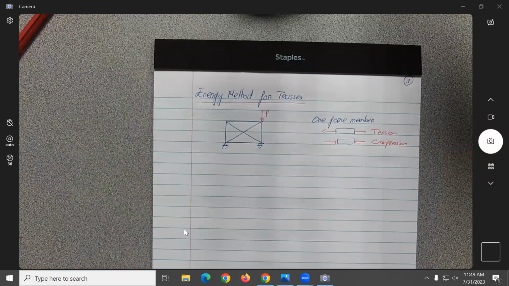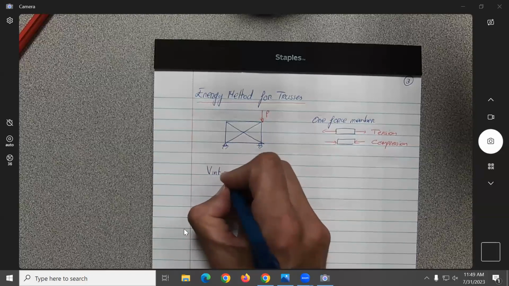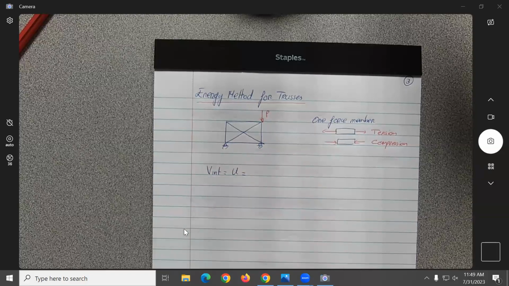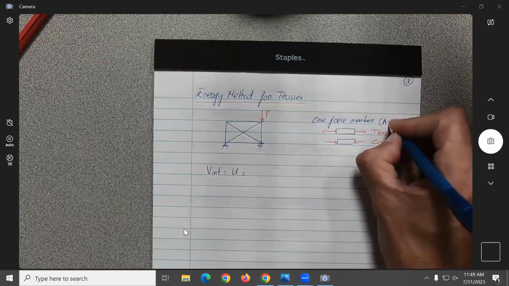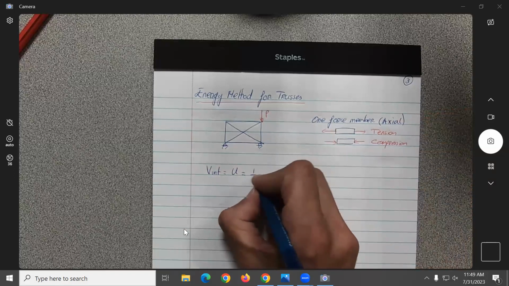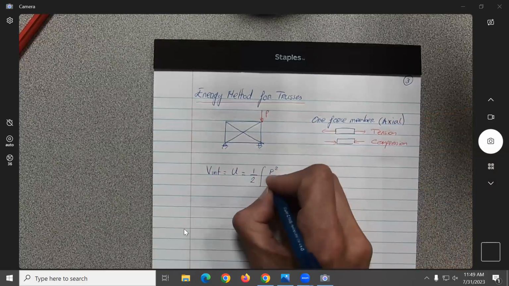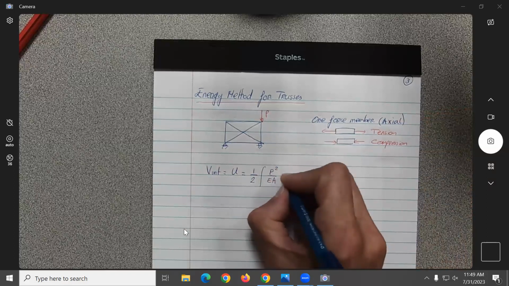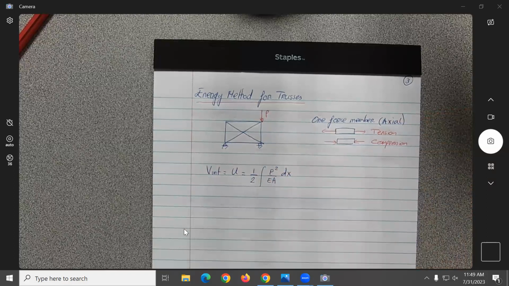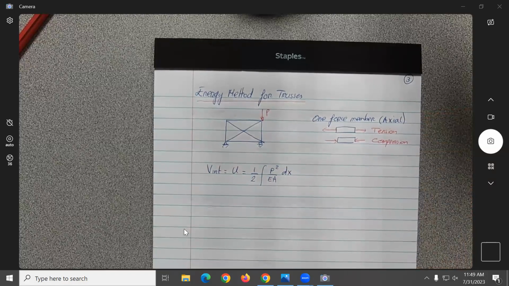Okay, we have said that the strain energy, the internal energy for something that is only subjected to axial load, is equal to 1/2 the integral of P squared over EA dx.